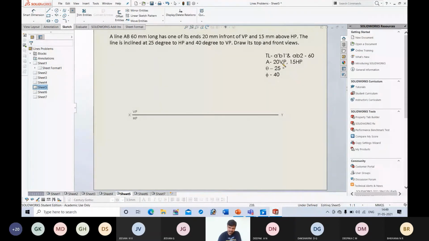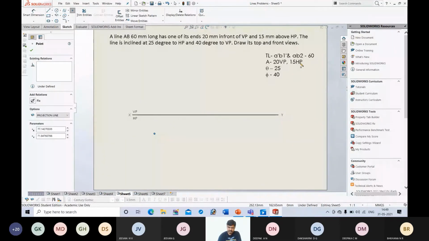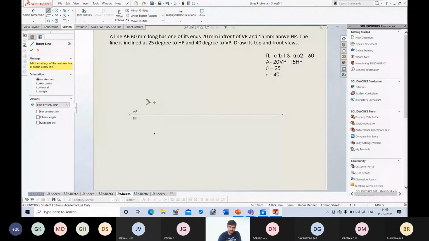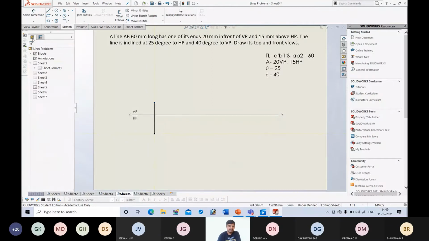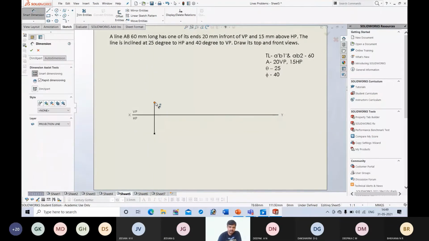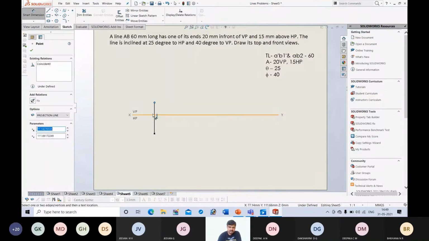So 20 from VP means 20 mm in front of VP. So that will come below XY line. Next 15 from HP means 15 above HP because it is a first quadrant. 15. Then draw a projector. This should be 15.